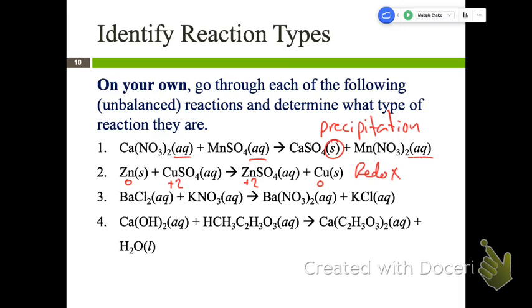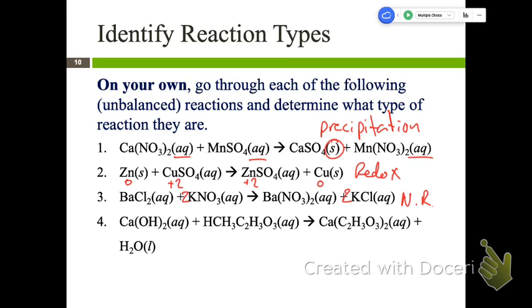Okay, number 3. Go ahead, Taylor. Well, at first I had the galaxy, and I put a 2 on the left side in front of the K and a 3. And then I put another 2 on the right side in front of the KCl. And I said no reaction. But I don't know if it's... Any disagreements with that? Okay, and here's the secret.